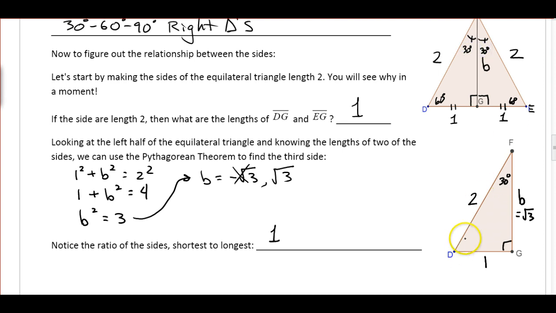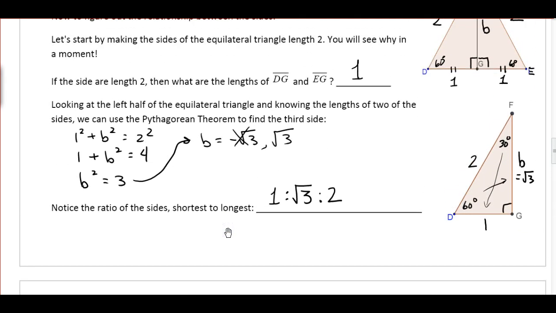So there's our 30, 60, 90 down here. The shortest side is going to be opposite the 30, that's 1. The next shortest side is going to be opposite the 60, so that's going to be root 3. And the last side is a ratio of 2.